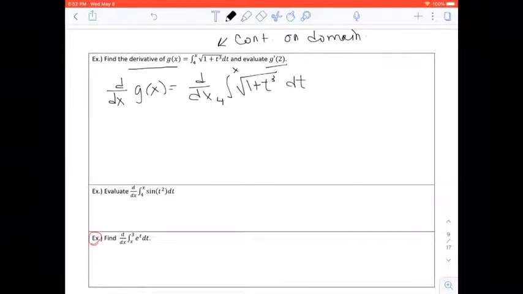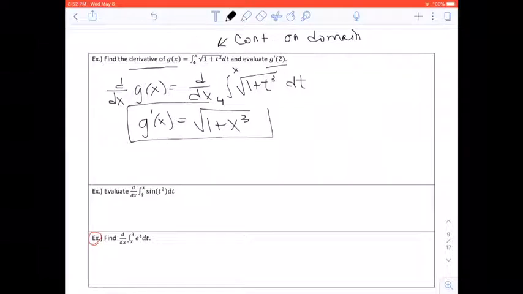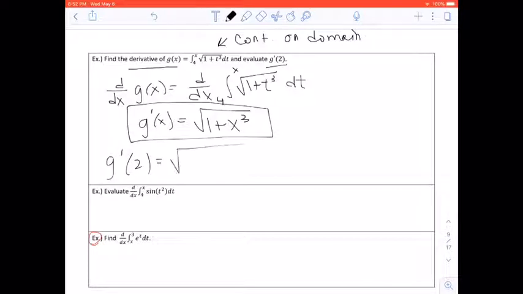And this is just going to be equal to, so g prime of x, the derivative of g, if you guys want to write it that way, is just going to be equal to the square root of 1 plus x cubed. And then it's also asking for us to find g prime of 2, which is equal to the square root of 1 plus 2 cubed, which is equal to the square root of 9, or just 3.